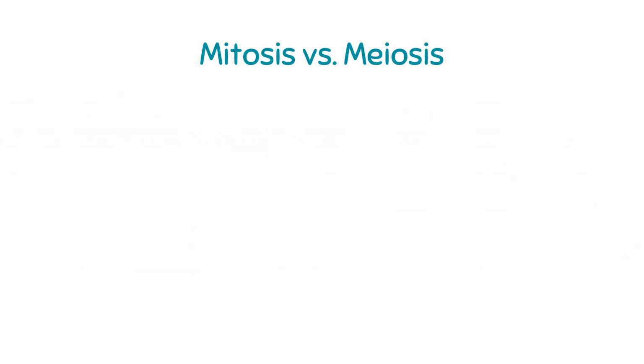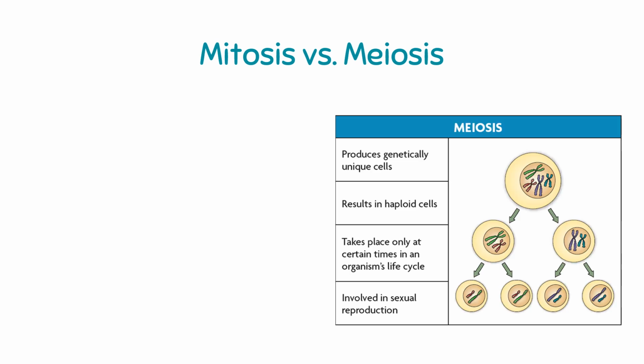So let's compare mitosis to meiosis. We know that meiosis produces genetically unique cells, and these cells are haploid, so only one set of chromosomes in each of these cells, and it only takes place at certain times in the organism's life cycle, and it's involved in sexual reproduction.